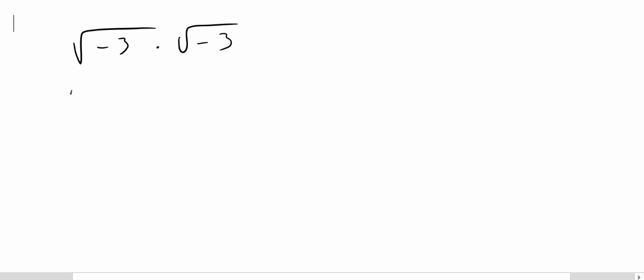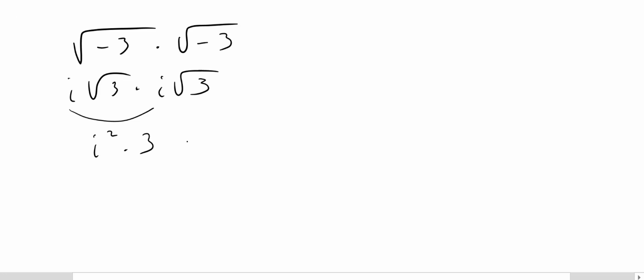First thing you do is you're going to pull an i out of there. Another i out of that one. And now I can put them together. What's i times i squared? What's root 3 times root 3? Again, don't do root 9. Root 3 times root 3 is just 3. Okay? So you really get 3i squared. And what's 3i squared? Well, you guys just say, oh, i squared, negative 1. So the answer is negative 3.